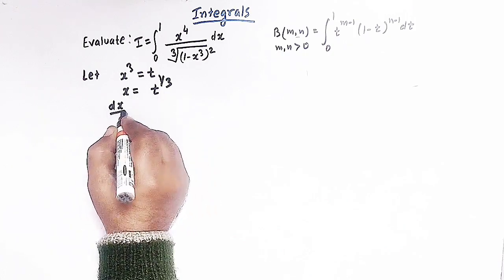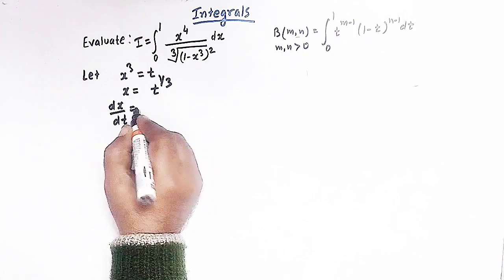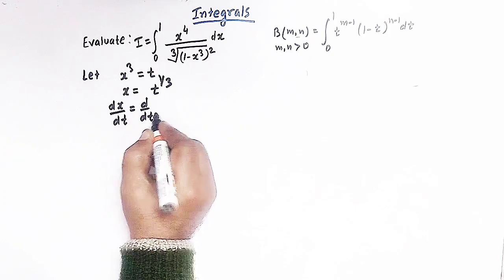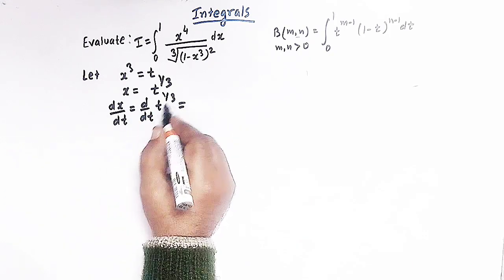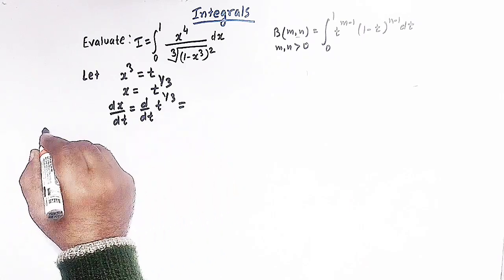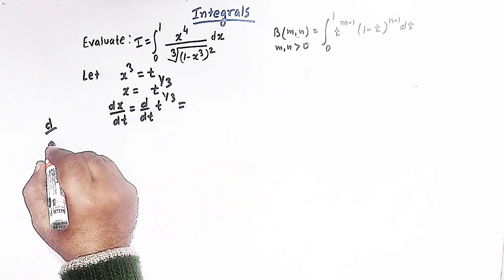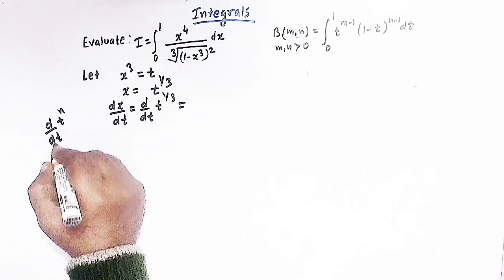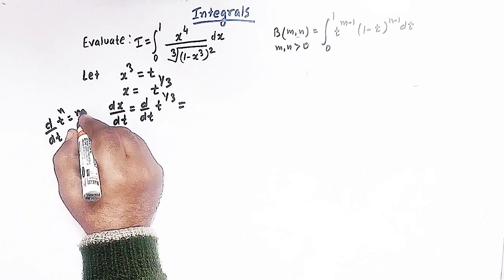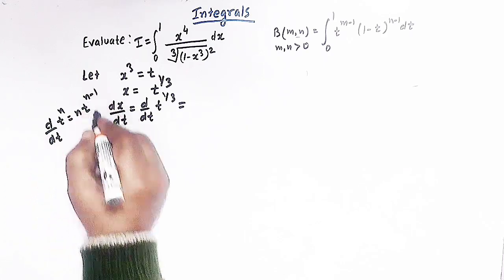So we can now write dx over dt is equal to d by dt of t raised to 1 over 3, and using the power rule for differentiation, we know that the derivative of t raised to n with respect to t is n times t raised to n minus 1.